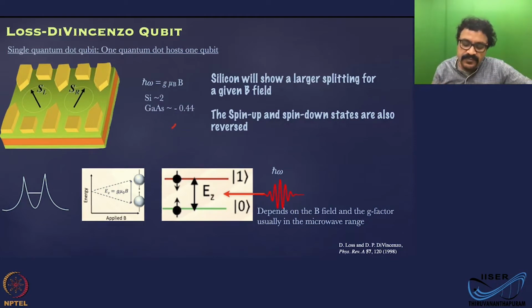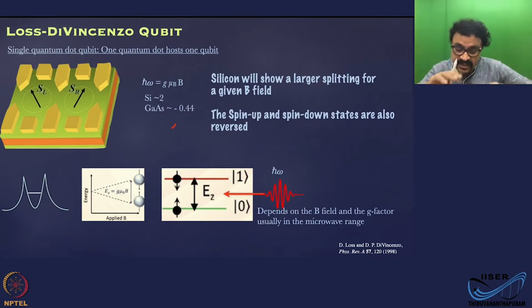And if you look up, silicon has a g factor close to 2. Gallium arsenide has a g factor close to 0.44, with a minus sign also. What that means is the energy splitting between these two states will be almost 4 to 5 times more in silicon compared to gallium arsenide.